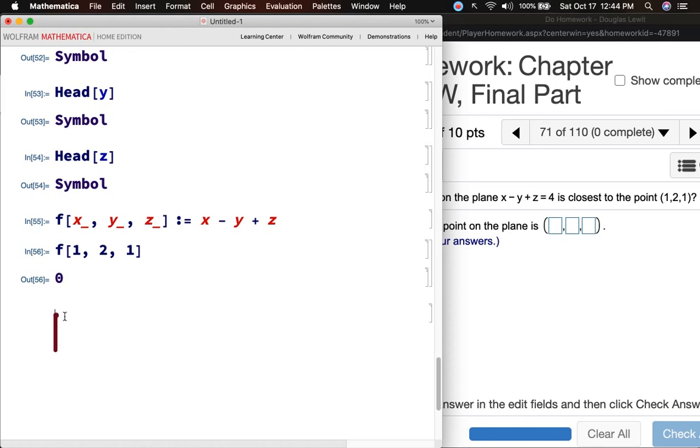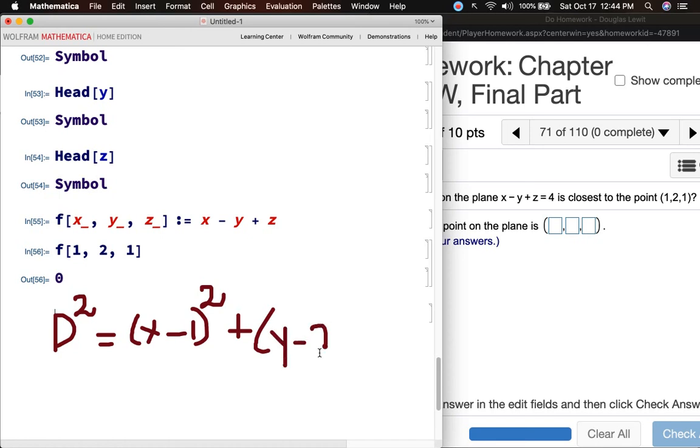So therefore, the distance squared is equal to x minus 1 squared, plus y minus 2 squared, plus z minus 1 squared.